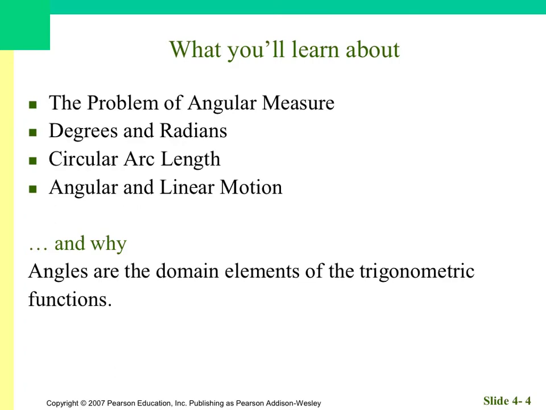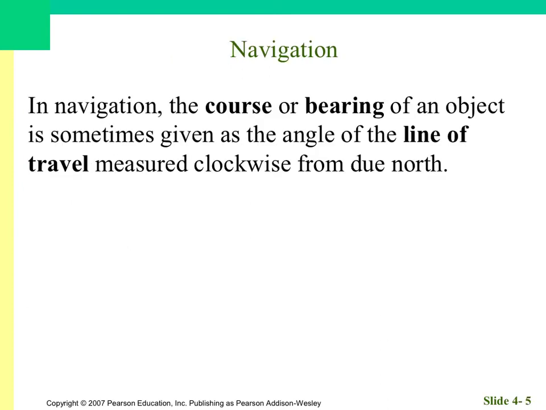So what you're going to learn about: the problem of angular measure, degrees and radians, circle arc length, angular and linear motion, and why angles are the domain elements of trigonometric functions. Okay? Alright, navigation.